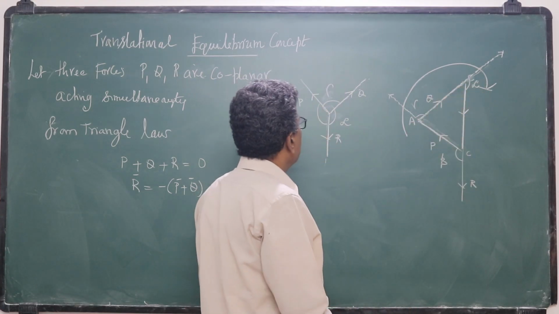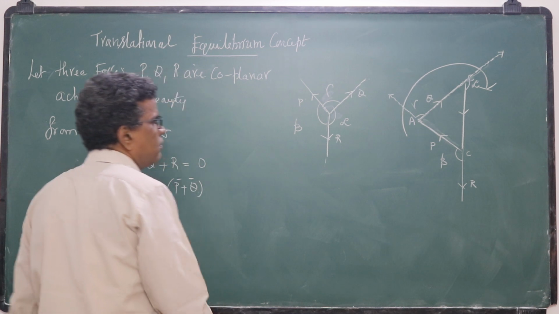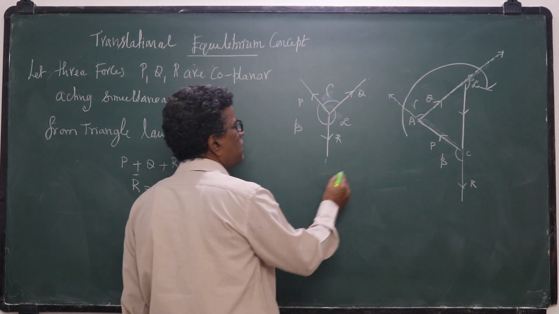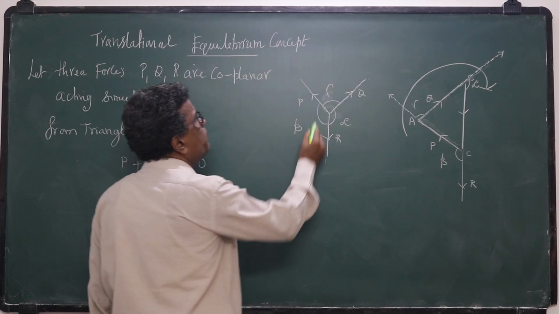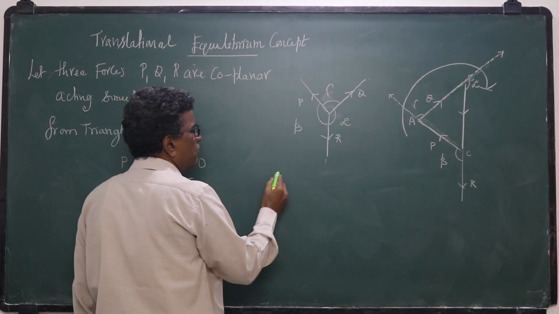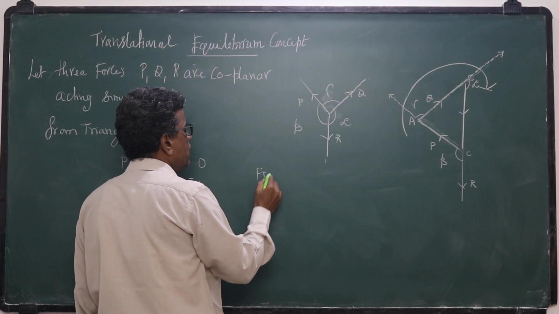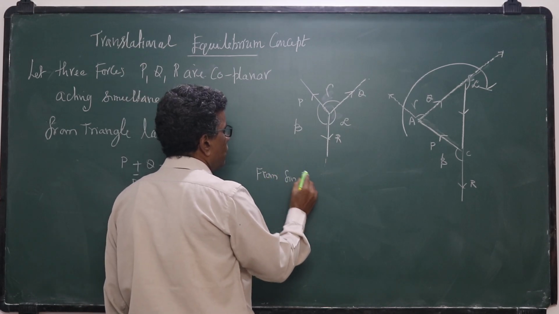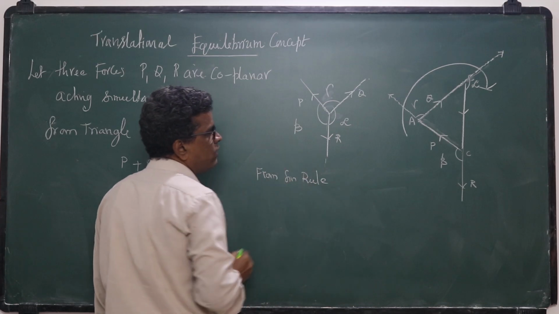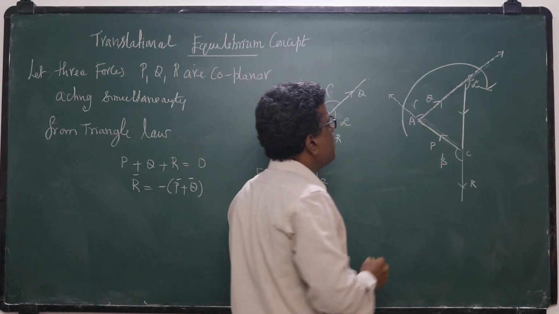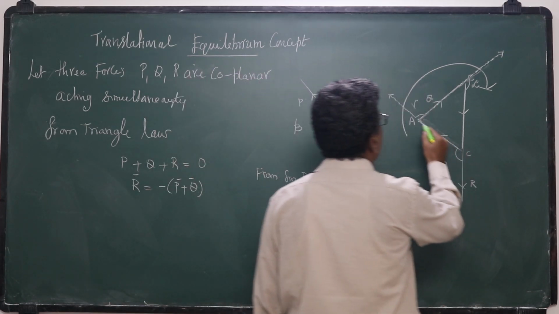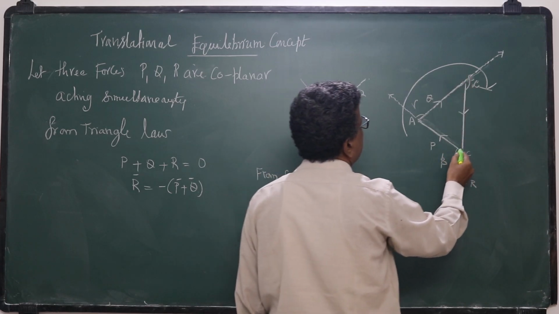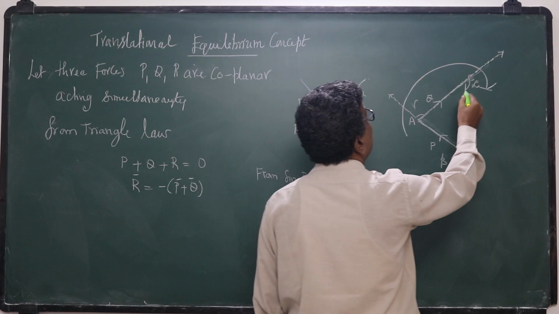Okay, then the corresponding angles. From this law we can say, from the sine rule, P by the opposite angle. This angle is alpha.